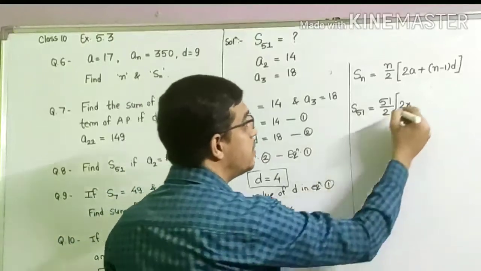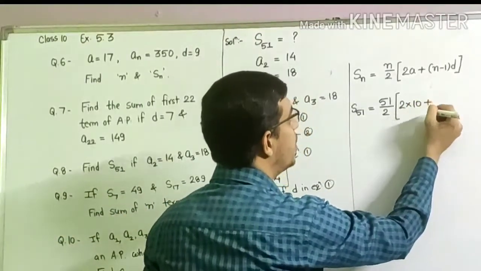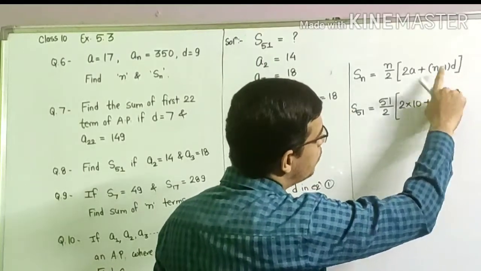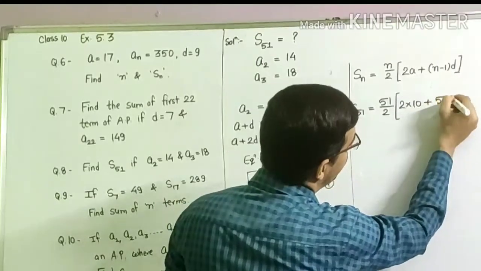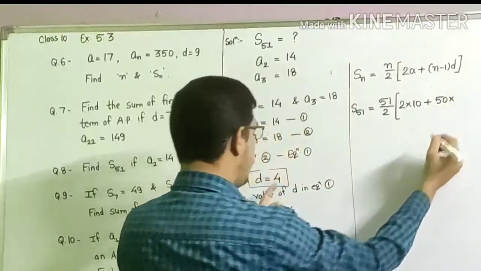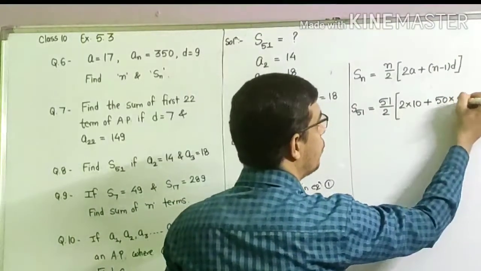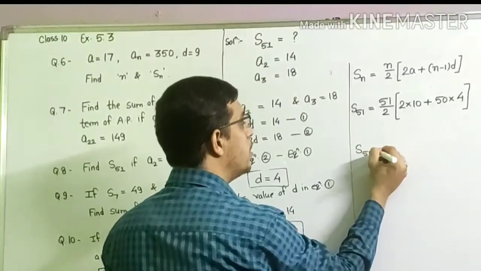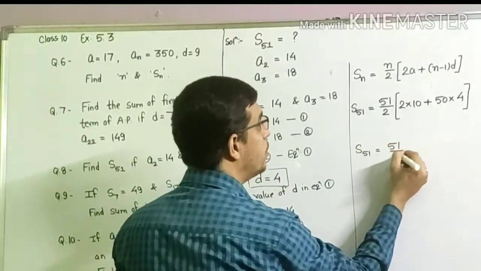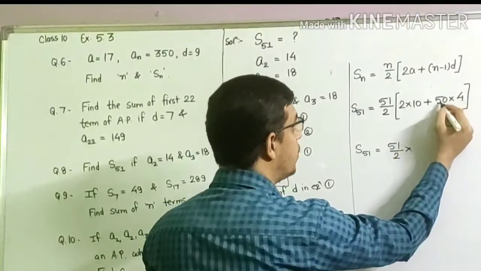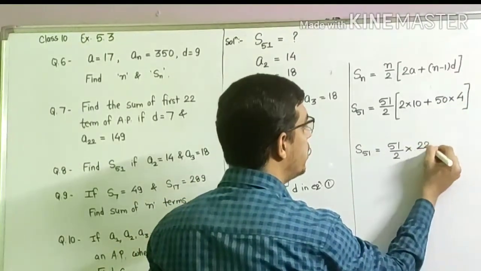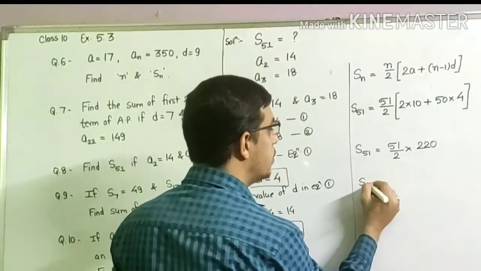Value of a is 10 plus, and in place of n you will write 51 minus 1, which will be 50, and the value of d is 4. So S51 is equal to 51 by 2, 54s are 200 and this is 20, that is 220.